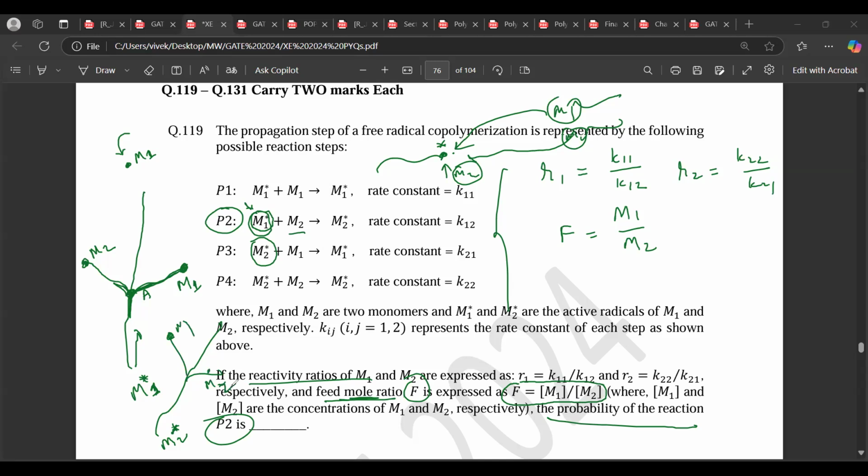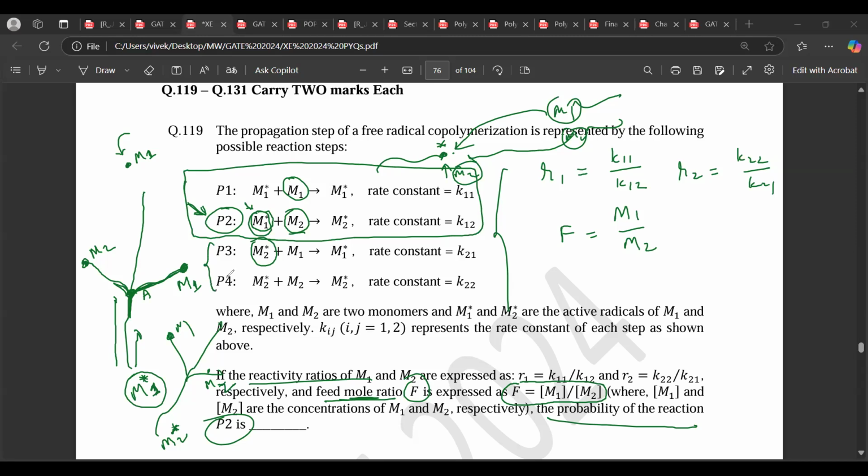So I'm asking, what is the probability of P2, right? That means what are the chances of M1 star going through the path and reacting with M1 and M2? So our overall sample space is only these two.